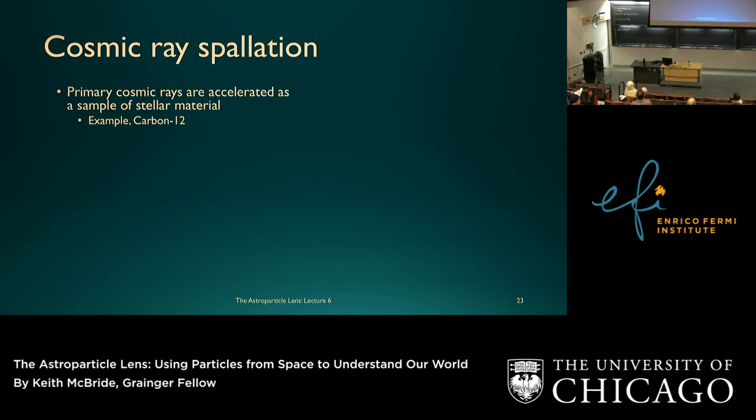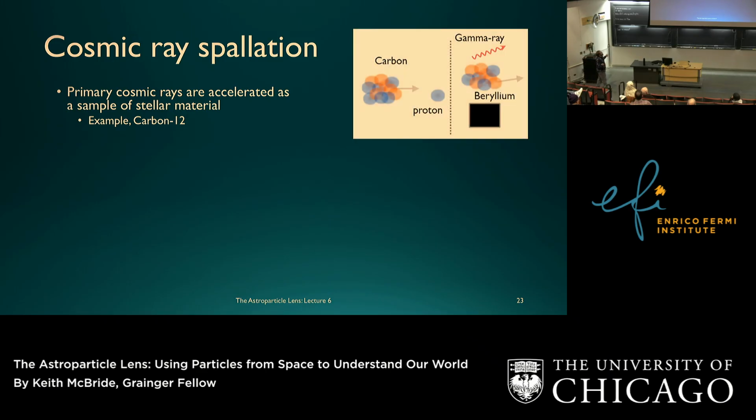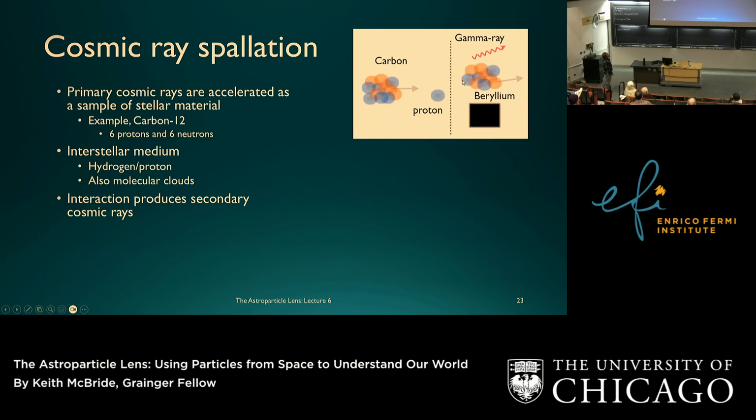So the primary cosmic rays are accelerated with a sample of this stellar material, different kinds of nuclei. For example, your carbon-12. Carbon-12 is made in the cores of stars. Carbon-12 has 6 protons and 6 neutrons. If it collides with an interstellar medium proton, or maybe a molecular cloud such as helium or something like that, it rips apart the nucleus of your carbon and results in a different kind of nucleus, like beryllium.